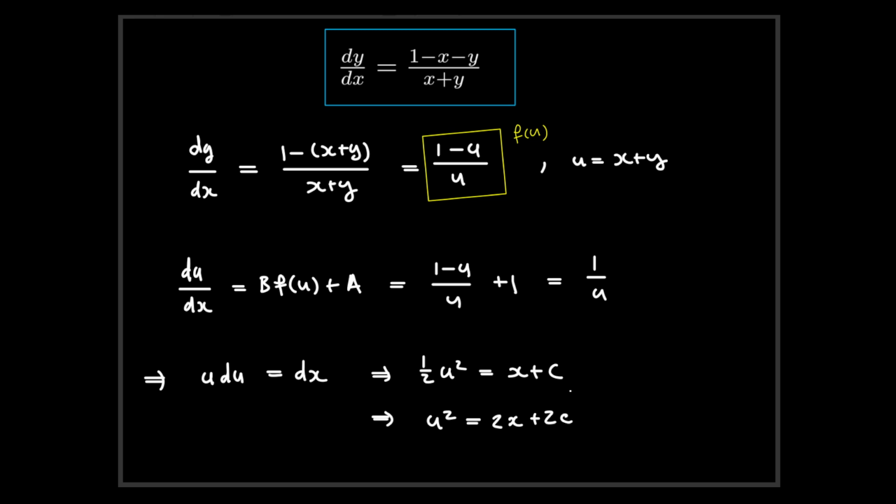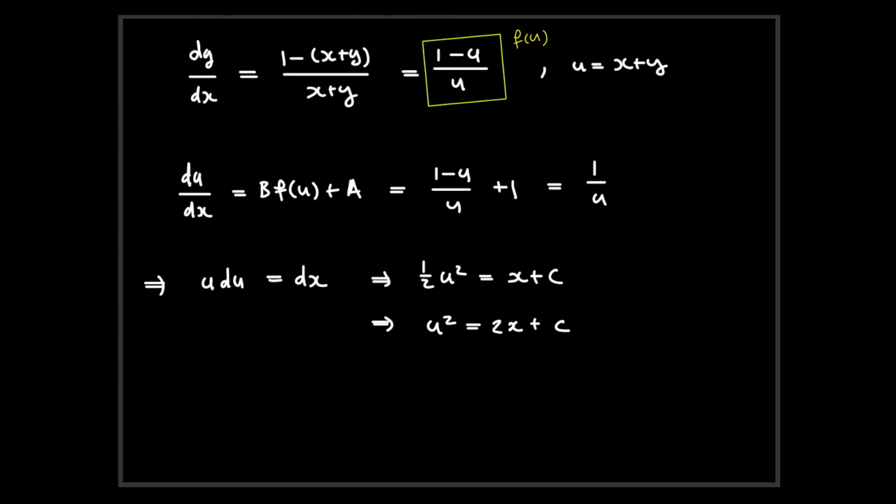So 2c, what does c represent? It represents an arbitrary constant, which means that it can be really any value. So if c is spanning all values, then 2c is also spanning all values, right? So for that reason, we just write c here.